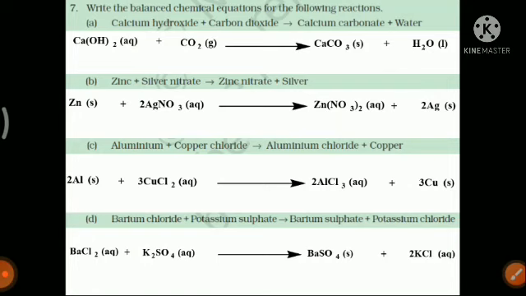Okay, so it is much more helpful. So if you can, please mention the physical state while balancing a chemical equation. Okay, so these are the answers I have given. Simply you have to balance this. Okay, nothing much to explain. Simply you have to balance the chemical equation after writing the chemical formula of each of the compounds.